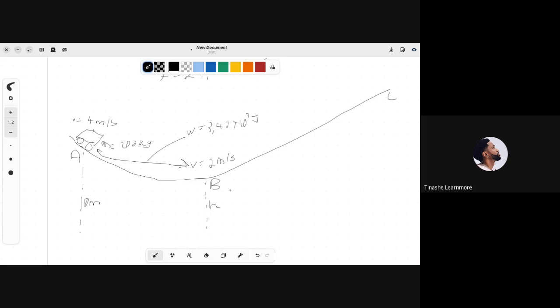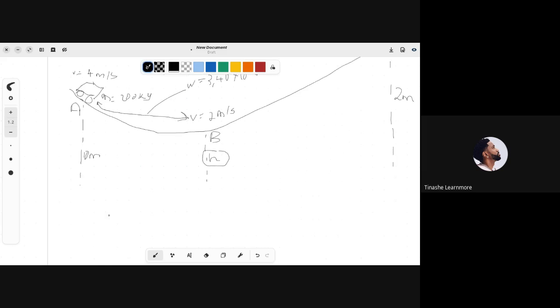You're told to ignore rotational friction of the wheels, so you don't have to worry about friction between the axle and the wheels. Oh, and C is 2 meters above the ground. Use work energy principles to calculate H. So you guys jot down that question.